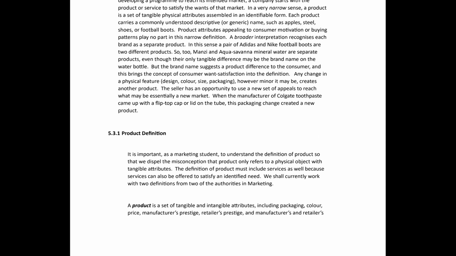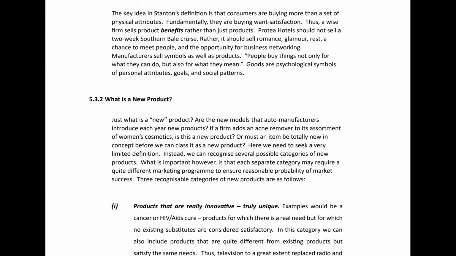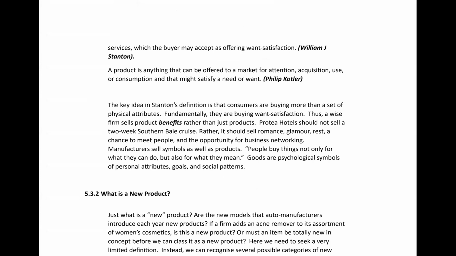One of them says that a product is a set of tangible or intangible attributes, including packaging, color, price, manufacturer's prestige, retailers' prestige, and the manufacturers' and retailers' services, which the buyer may accept as offering satisfaction. That is according to William J. Stanton.